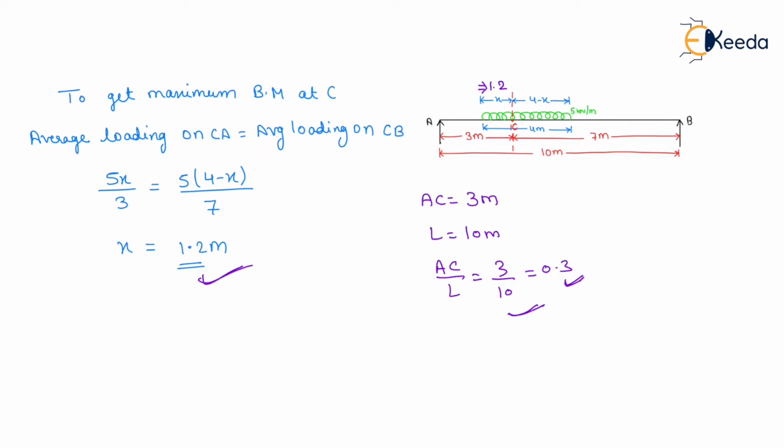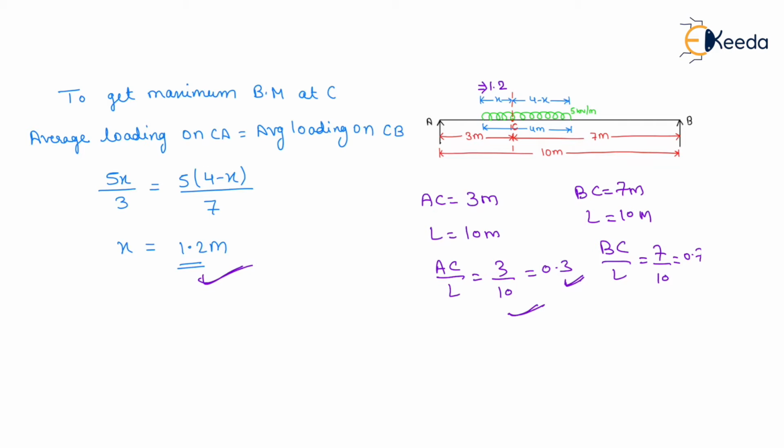Okay. Now this portion is 4 minus x, so the length of BC portion will be 7 meter and the total span length will be equal to 10 meter. So the ratio of BC upon total span will be equal to 7 by 10 equals 0.7.